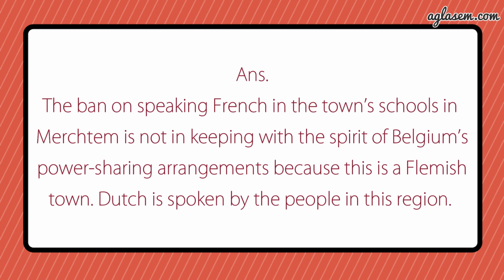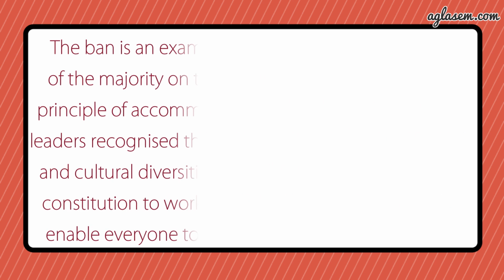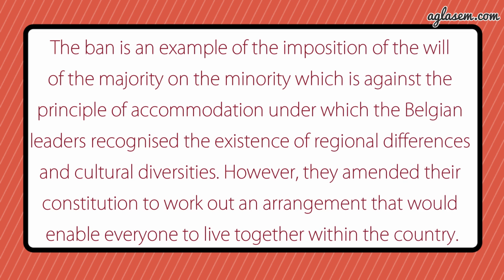So the answer is, the ban on speaking French in the town's schools of Merchtem is not in keeping with the spirit of Belgium's power sharing arrangements because this is a Flemish town. Dutch is spoken by the people in this region. The ban is an example of the imposition of the will of the majority on the minority, which is against the principle of accommodation under which the Belgian leaders recognize the existence of regional differences and cultural diversities.